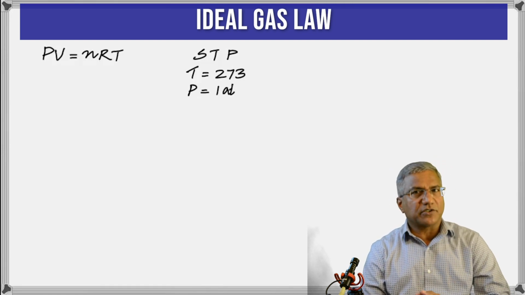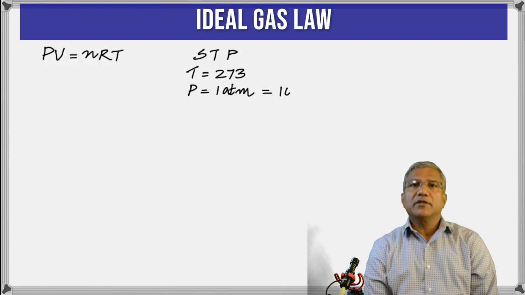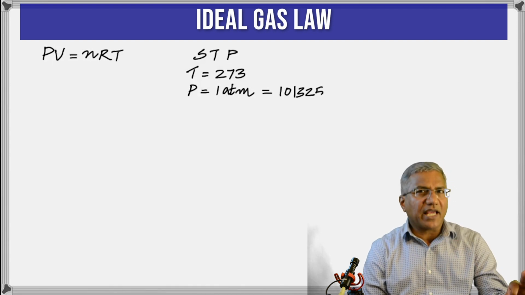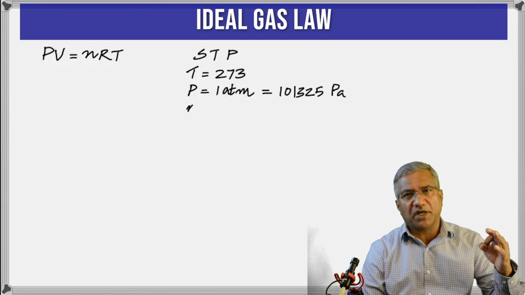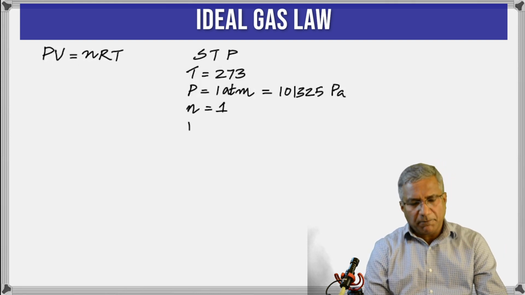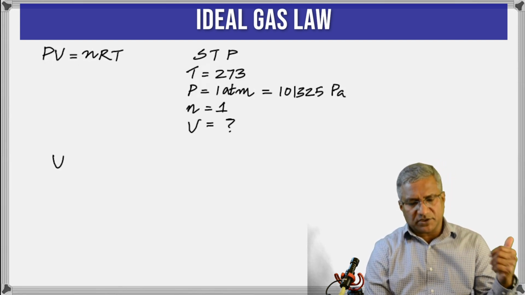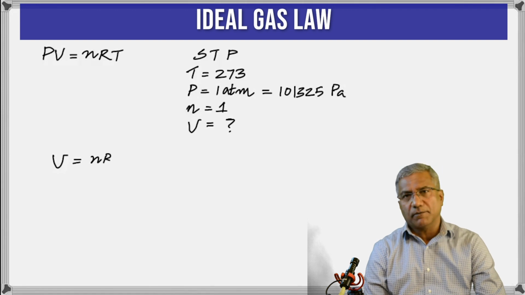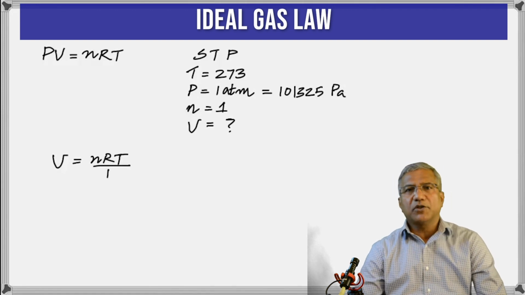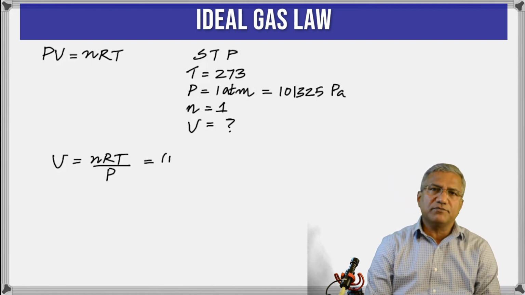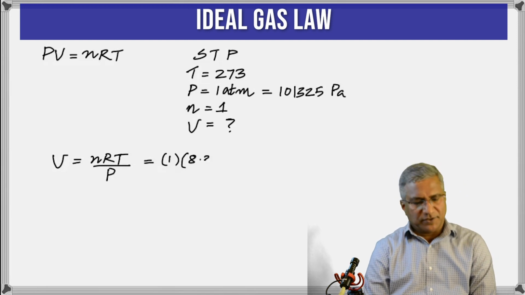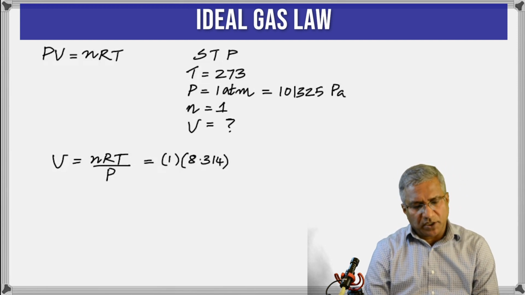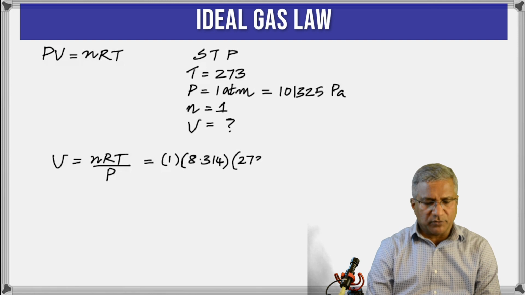You're going to get that in meter cube. Just a minute. Watch. 1 mole of any gas at STP will occupy the same volume. Okay? So that's the temperature, that's the pressure. We're dealing with 1 mole. Plug it into that formula, rearrange, make the volume the subject, and then n is 1, R is 8.314.